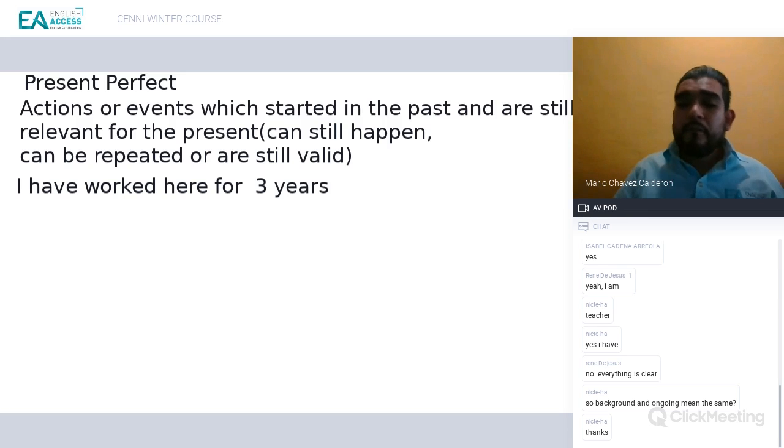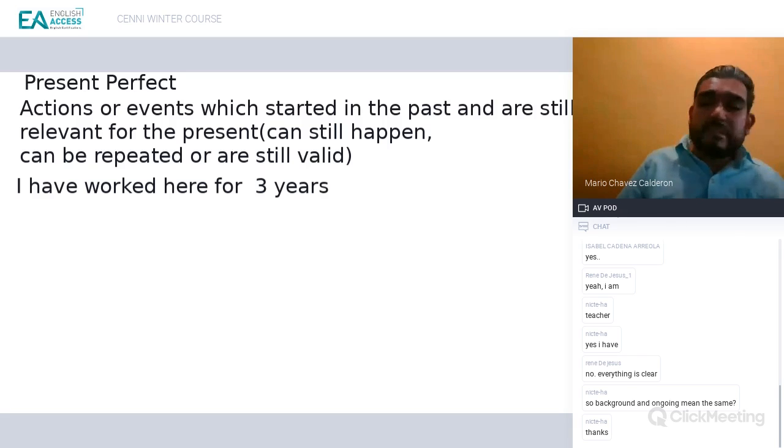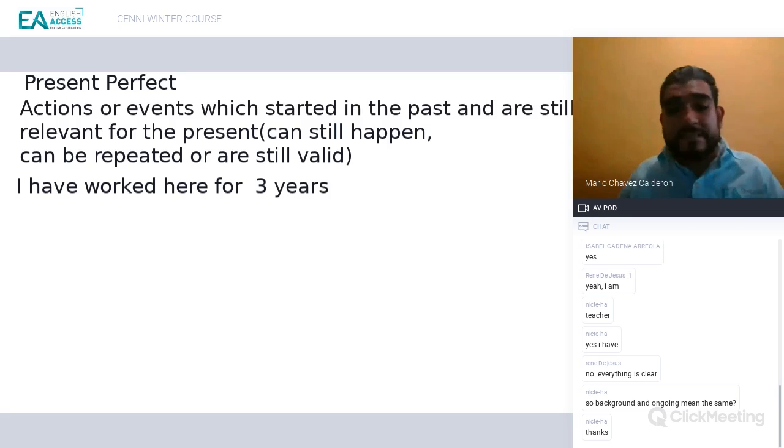We use have for I, you, we, they. We use has for he, she, and it. So when I say I have worked here for 3 years, it means that 3 years ago I started working, but I am still here. So it started in the past and it's still valid in the present.